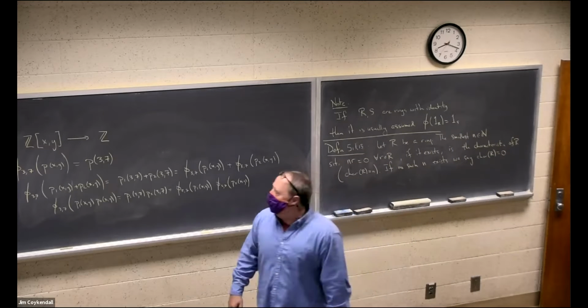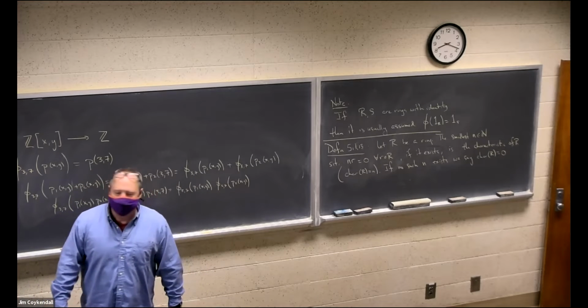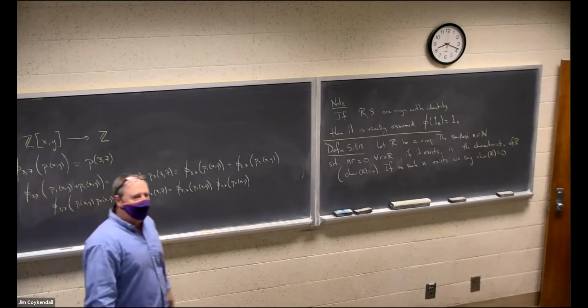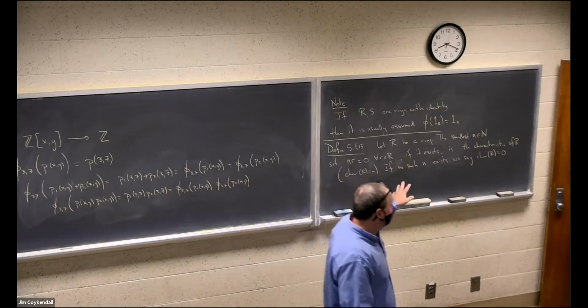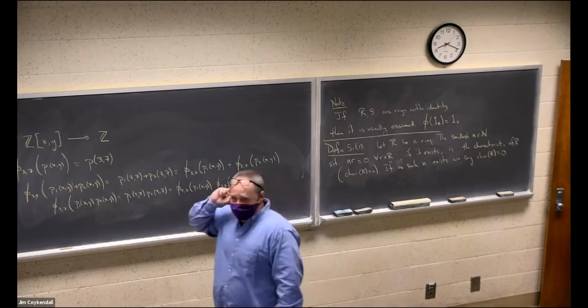So, for example, the characteristic of the integers is 0. If you look back at the examples with the homomorphisms, the characteristic of the integers is 0, the characteristic of Z[x,y] is 0, and the characteristic of Z mod n is n, because if I add anything to itself n times, I get the 0, and that's the smallest integer that works.